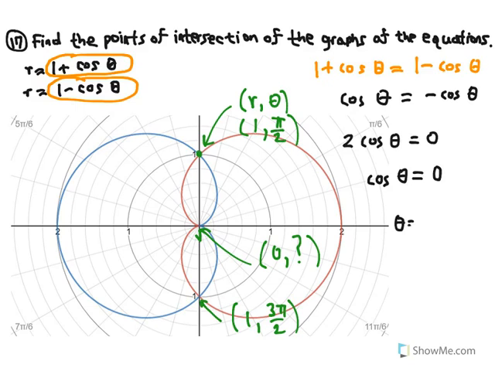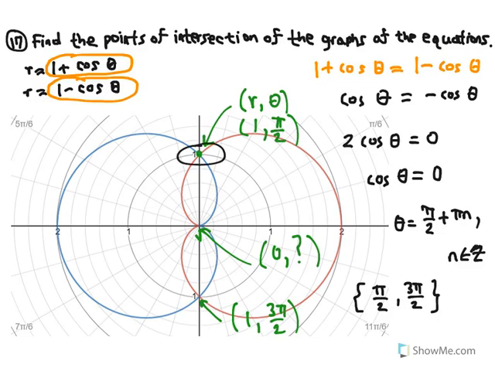And that happens when theta is pi over 2 plus pi n, where n is an integer. So if you choose a couple of values for n, like n is equal to 0, you get pi over 2. If n is equal to 1, you get 3 pi over 2, and so on. So this tells you the theta values of 2 of the 3 points of intersection.